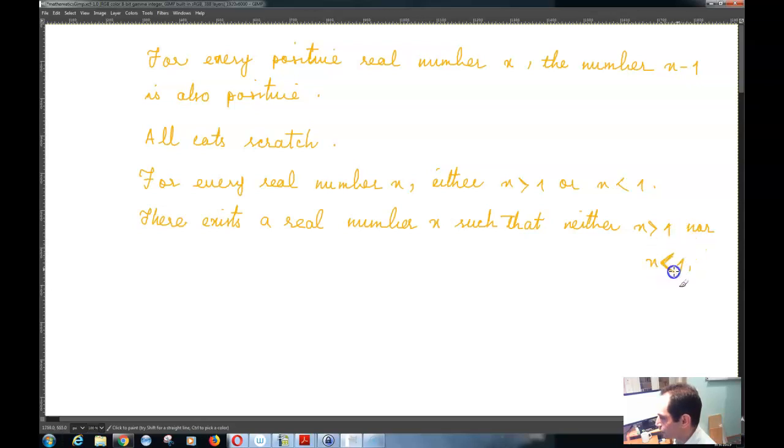They have written it with neither and nor, instead of either or, which is actually a good idea. I couldn't think of this combination.